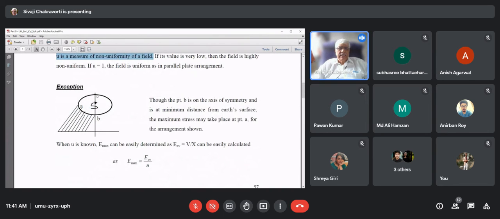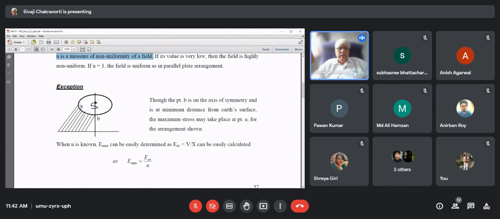For example, here there is an electrode and earth. So average stress will be very simple: the potential of the surface divided by this minimum distance. Similarly, we can find the maximum stress, which will not be at this minimum distance point. Why? Because at the outer point, the flux concentration will be much higher because of the bending of flux lines.